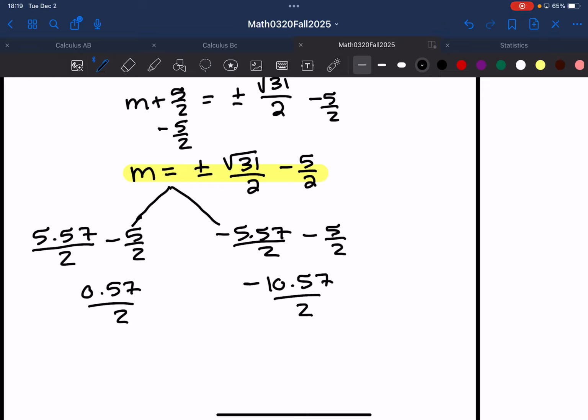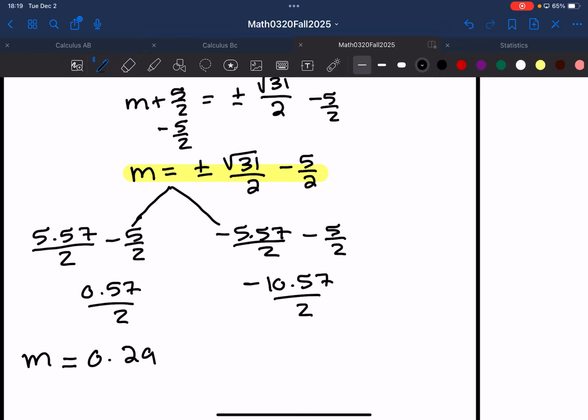And then once you get to this point, I would type it in your calculator. 0.57 divided by 2 gives us m is equal to 0.29 if we're rounding to 2 decimal places. And then the other one, negative 10.57 divided by 2.